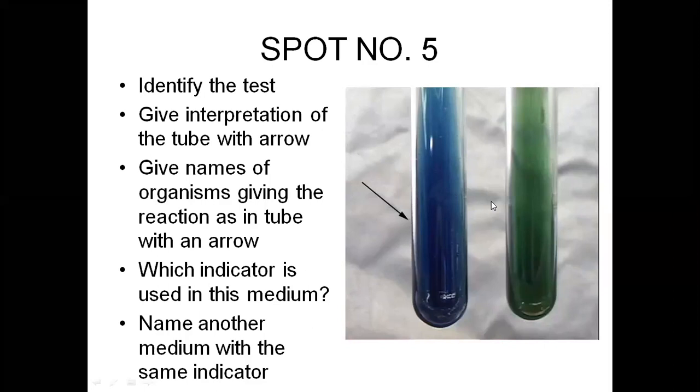Bacteria which utilize citrate are going to make the environment alkaline. Bromothymol blue indicator is going to turn blue. So if citrate is consumed, the environment is alkaline, and the agar is going to turn blue.